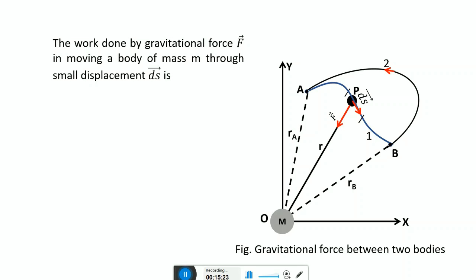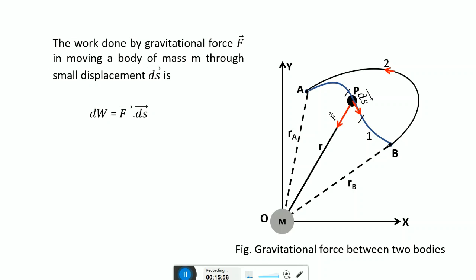So this figure shows gravitational force between two bodies. One body which is placed at origin having mass capital M, and another body of mass small m will move along path 1, placed at a point P. So for the small displacement ds, work done will be small, that is dW, which is equal to vector F dot vector ds.